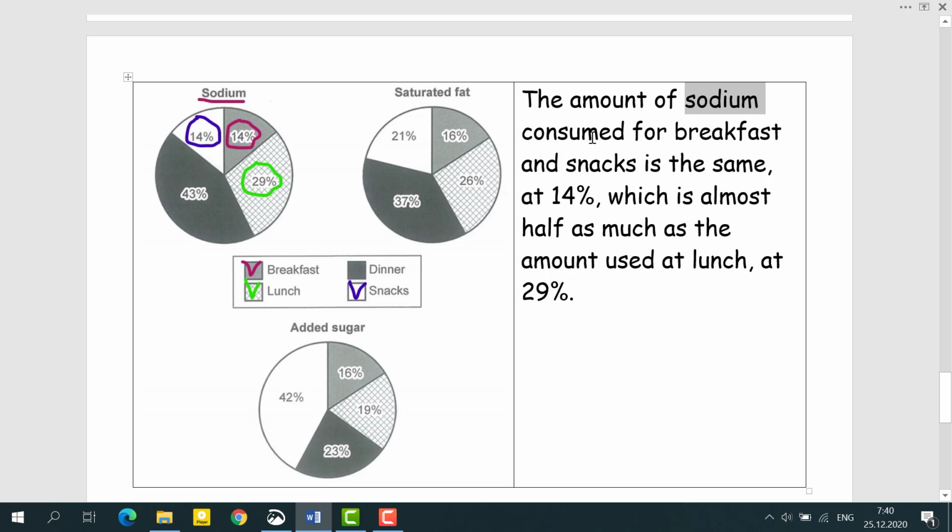Sodium, you can't count 1, 2, 3, 4, 5. Therefore, the amount of, you can't write the number of, only the amount of. Here, I'm giving some extra information. This information is not important, and therefore it's important to use a comma here because it's a non-defining relative clause. Let's move on.